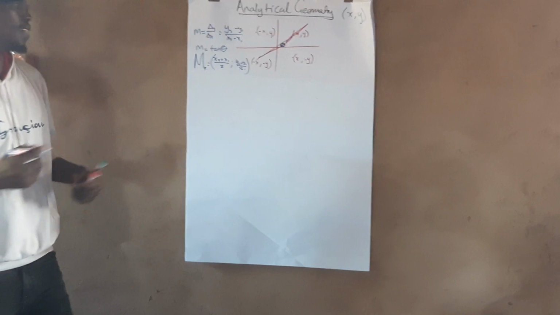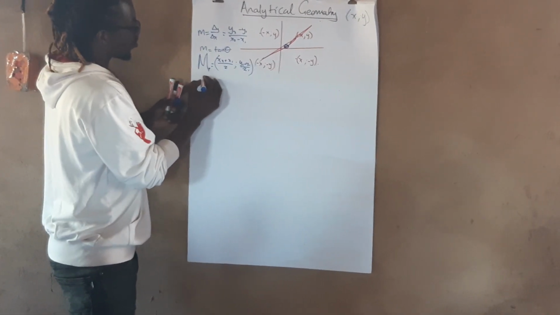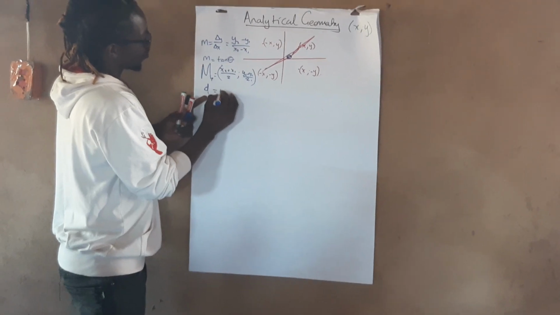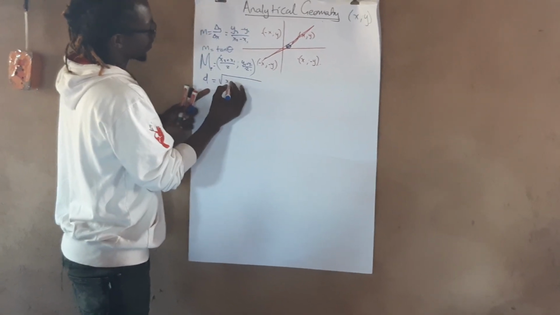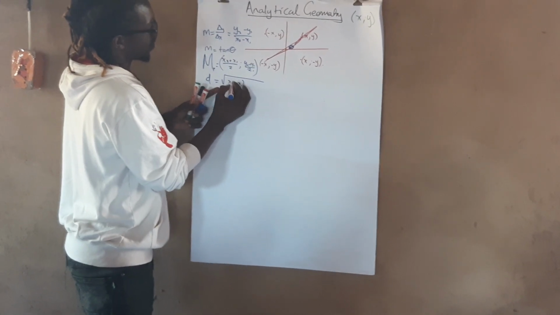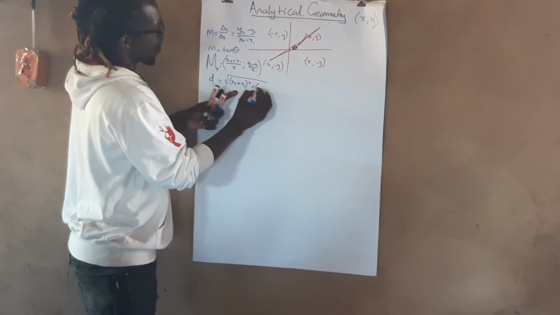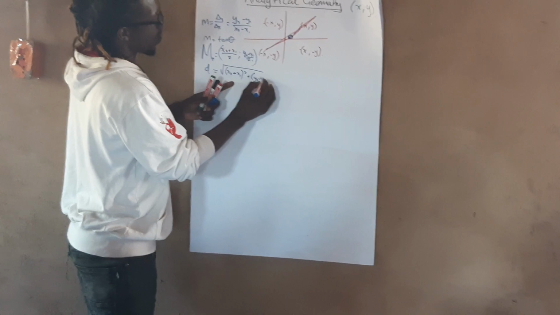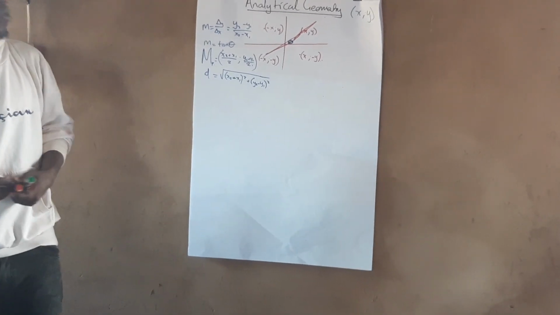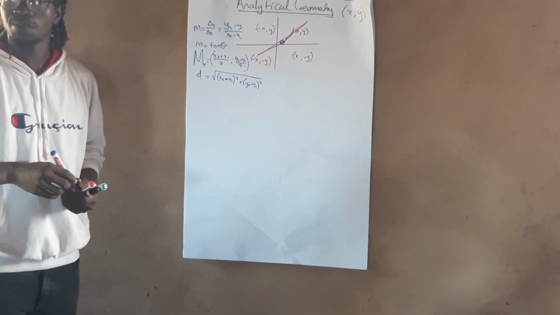The distance, right? So the distance is equal to what? The square root of (x2 minus x1) squared plus (y2 minus y1) squared. And then we find out what? The distance.